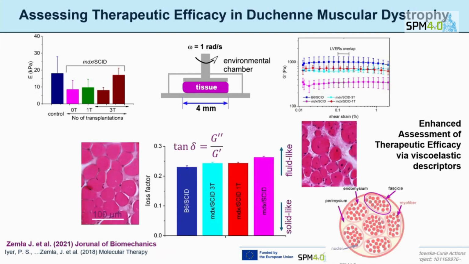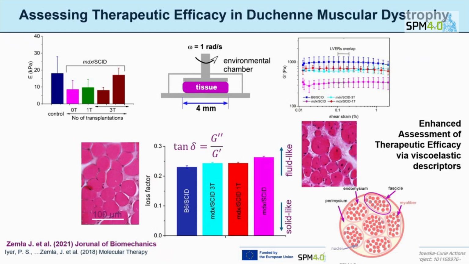However, if we compare the histopathology of the tissue, we see that there is a difference, that still, even after transplantation, we have some scar tissue, some collagen in between. So this muscle did not recover 100%.